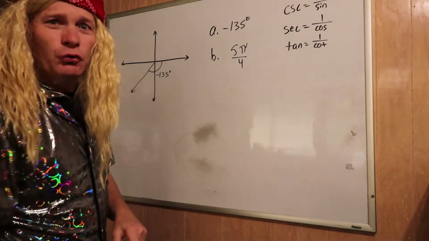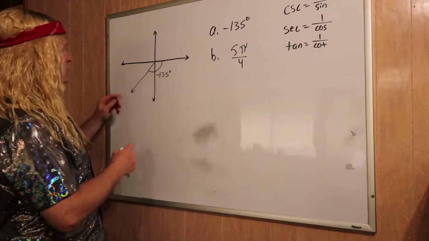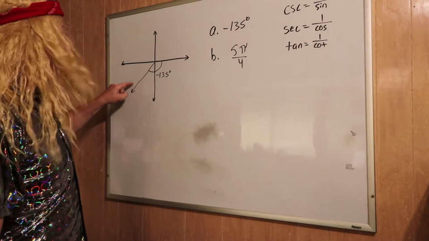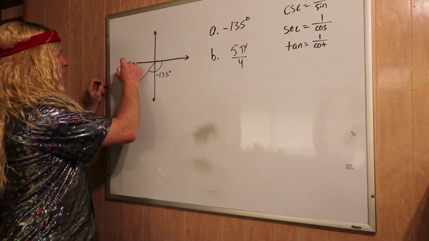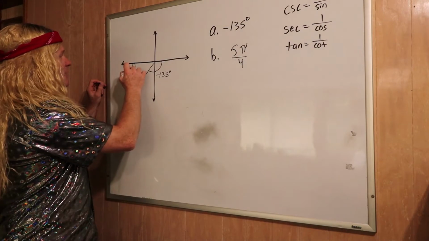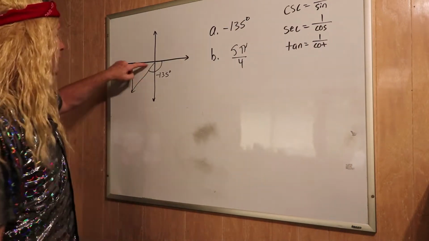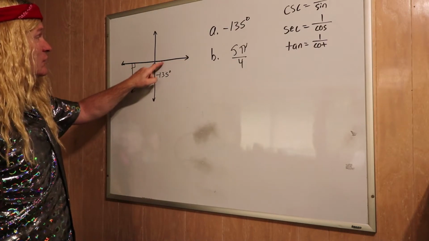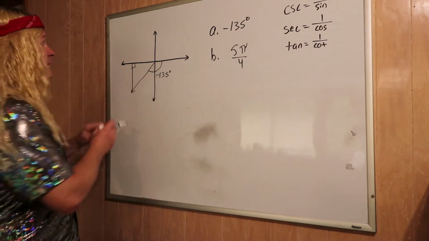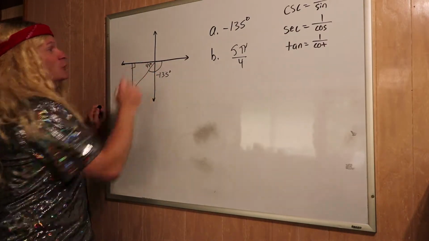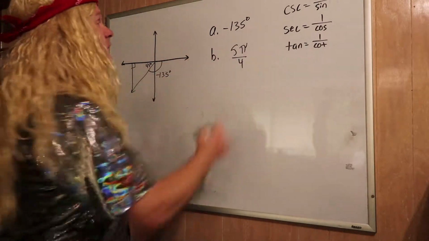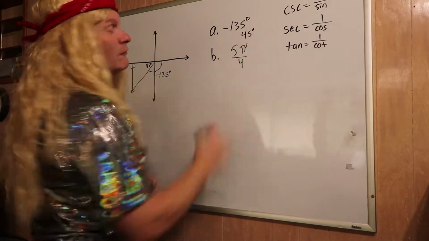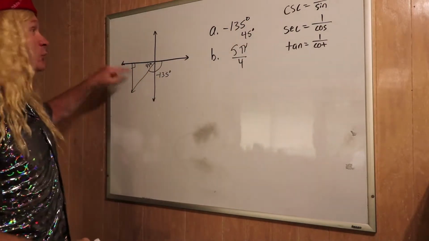And Mr. Young told you rockers, if you want to find the reference angle, always draw a line to the x-axis. So I'm going to draw that line right there, and this angle here is the reference angle. Since this is negative 90, 45, that means this is 45 degrees. So the reference angle for negative 135 is 45 degrees, okay?